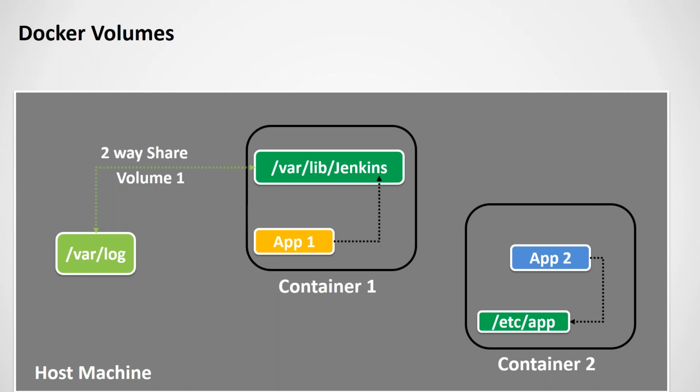Instead of going inside each container, if I can map the respective folders to a particular folder on my host machine, then if I go inside var log, I'll be able to see all the files available in var lib Jenkins and this particular etc app from this container. So from one folder on your host machine, I'll be able to access all the logs, or whatever you are sharing from the different containers.